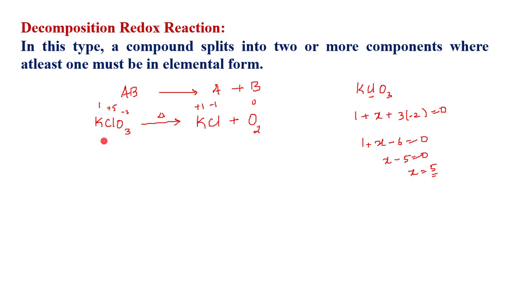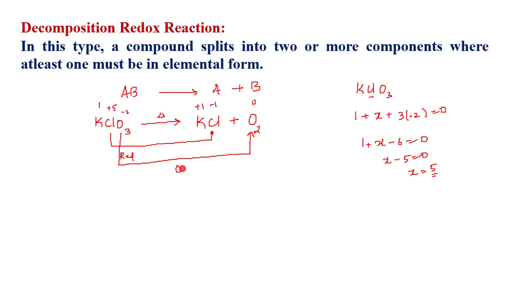Okay, so here chlorine to chlorine, there is a decrease in oxidation number from +5 to -1, so it is undergoing reduction. Potassium is the same, you can't take it in redox, whereas oxygen, you can see here it is -2 and here it is becoming 0. -2 to 0, there is an increase.